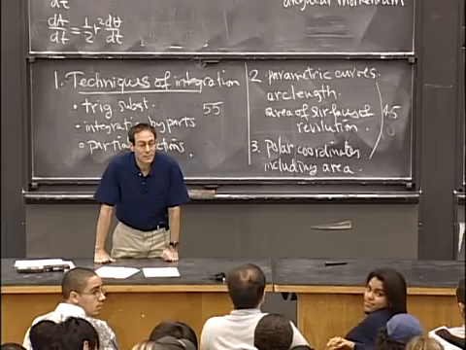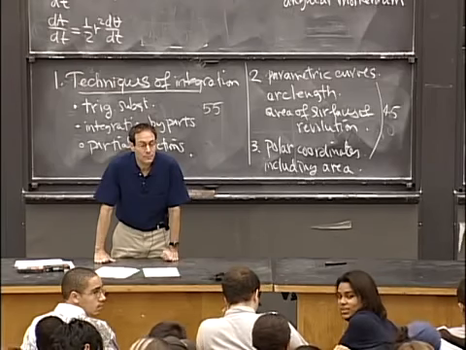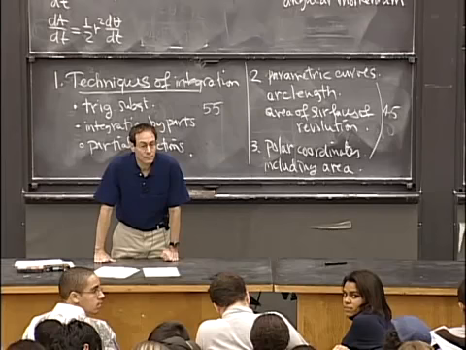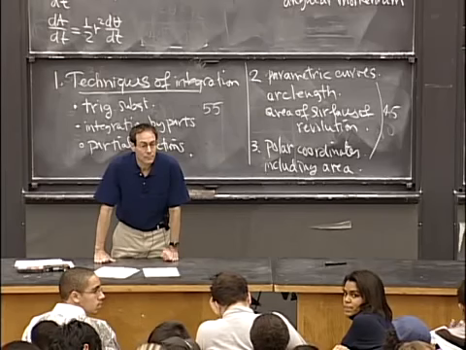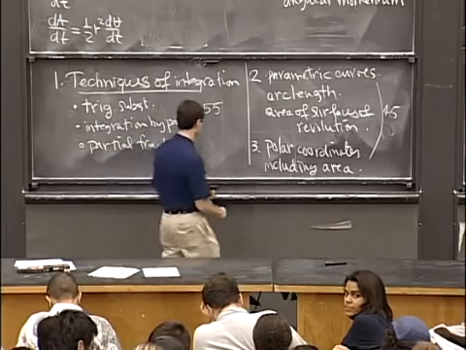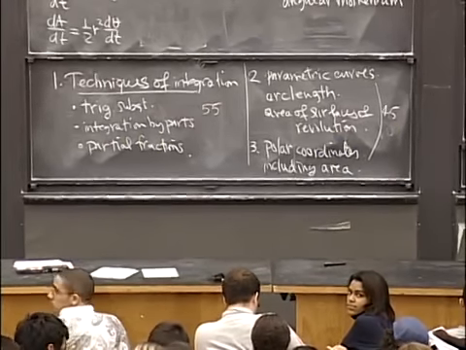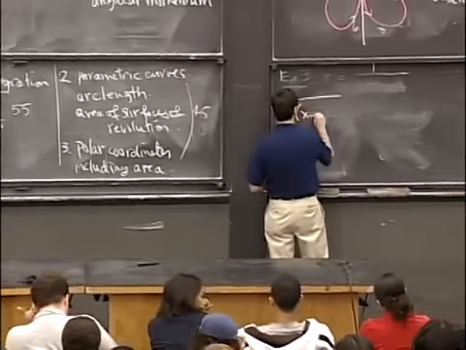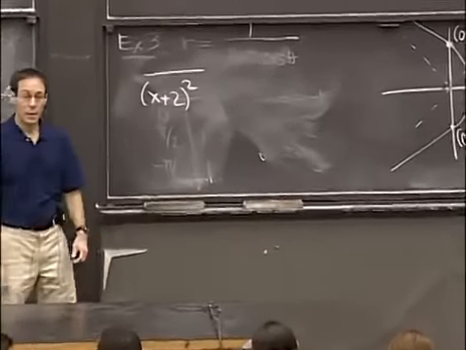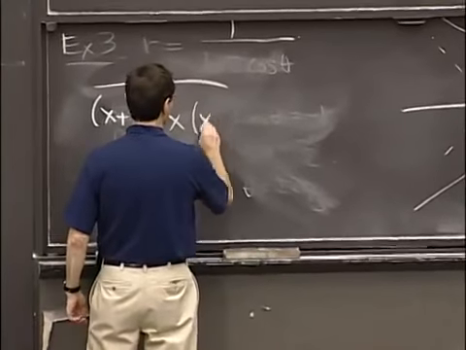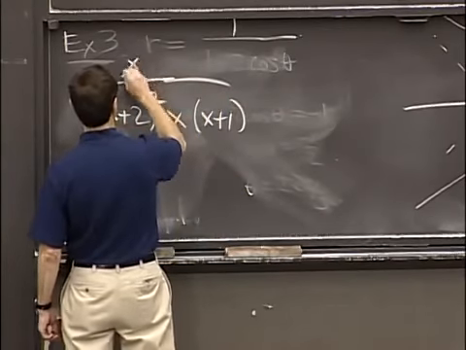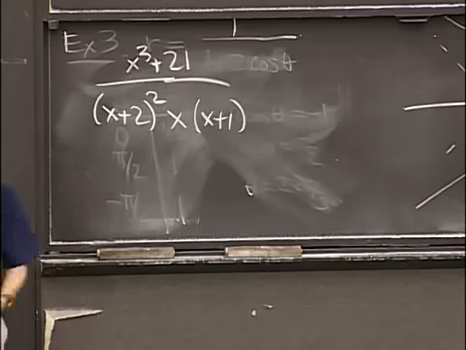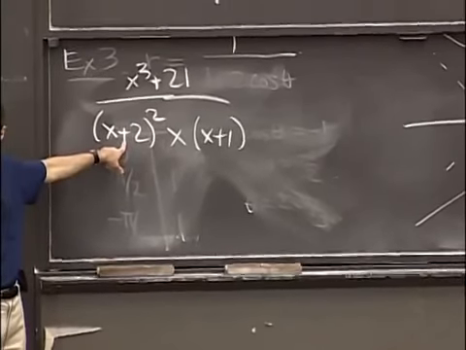In partial fractions, if you have something in the denominator that's squared or to the third power, you have to break it off into every power less than that, right? Like the example here was x plus 2 the quantity squared. One of your partial fractions is going to have x plus 2, and one will have x plus 2 squared. So if you have a partial fraction with something like x plus 2 the quantity squared in it, and maybe an x, and maybe an x plus 1, you're interested in what happens with this denominator here.